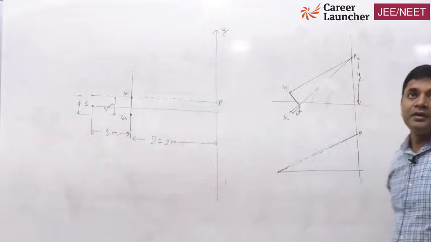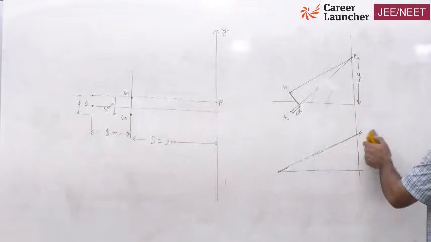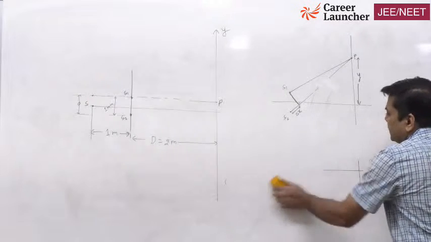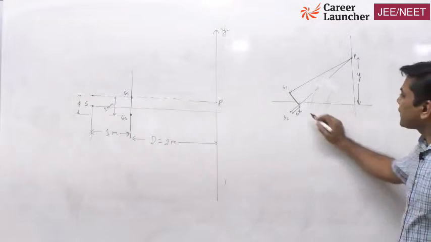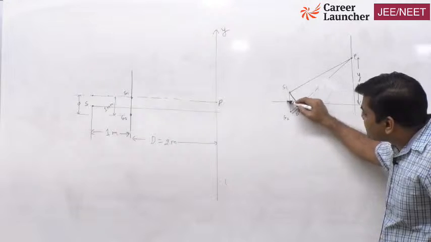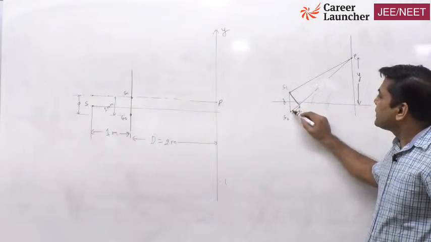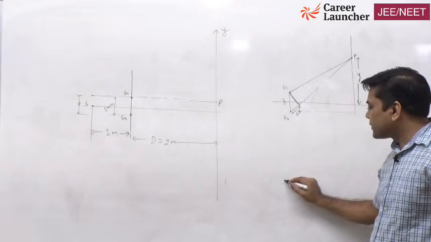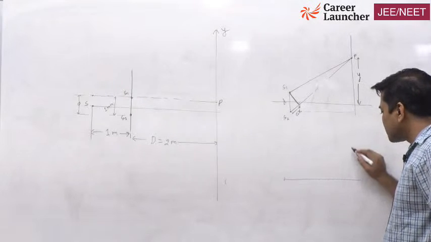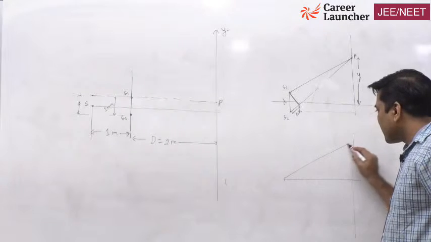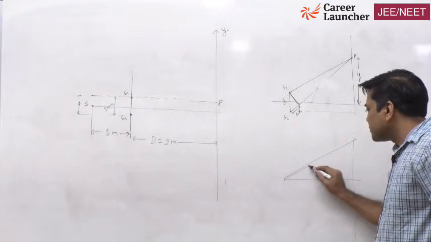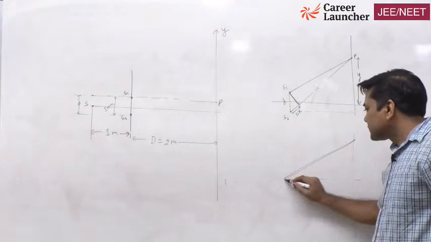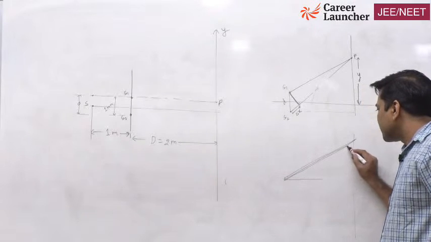So now here, this is D, and say this angle is theta. So what is angle theta? As I told you, if these two slits are very close and this is the point P anywhere on the screen, you join these three lines: two slits, and in between there is the center line.